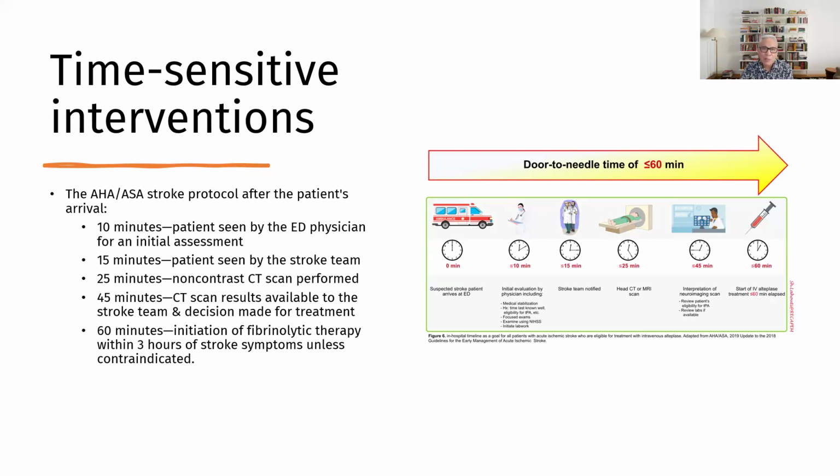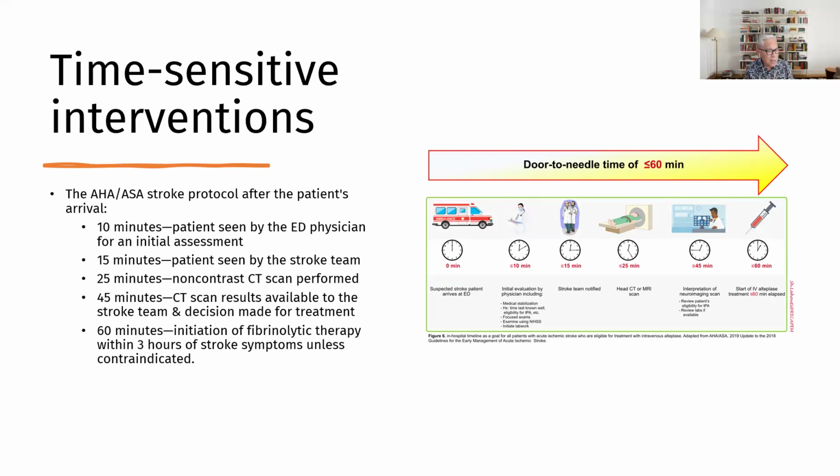The reason why the CT scan is very important is we want to make sure that what we're seeing is a stroke, number one, and more importantly whether it is an ischemic stroke or a hemorrhagic stroke, because ischemic and hemorrhagic strokes are treated differently.